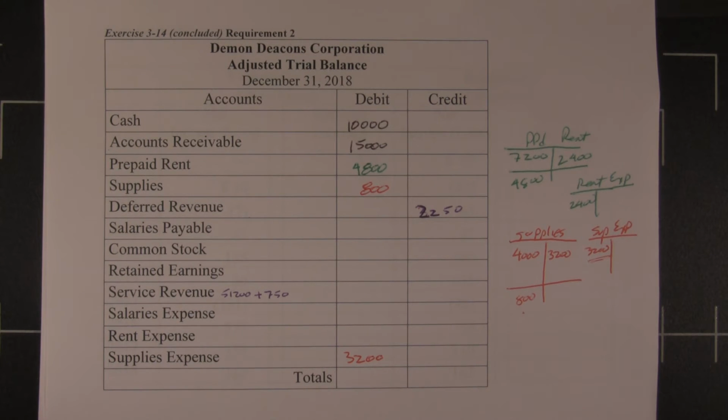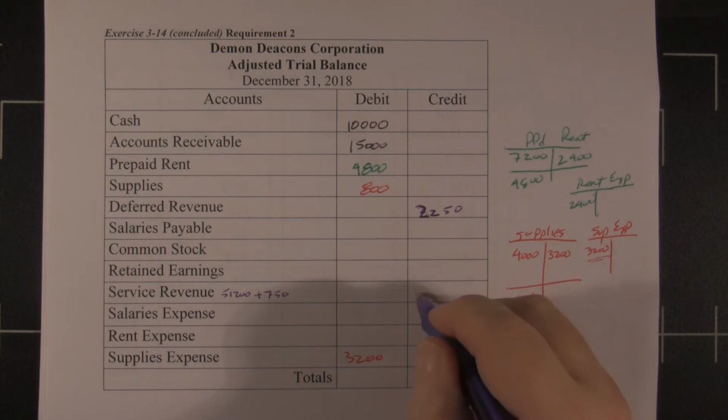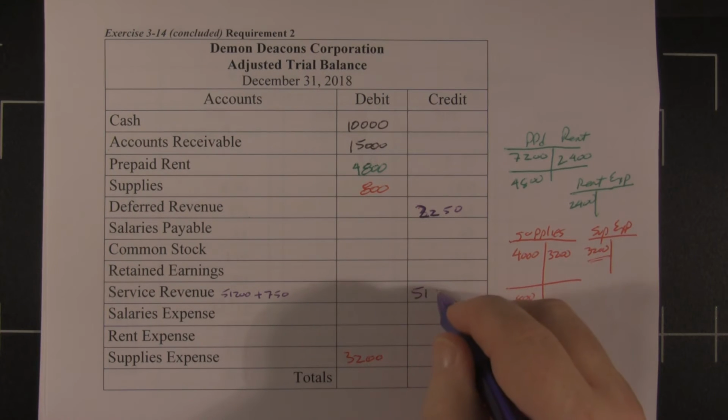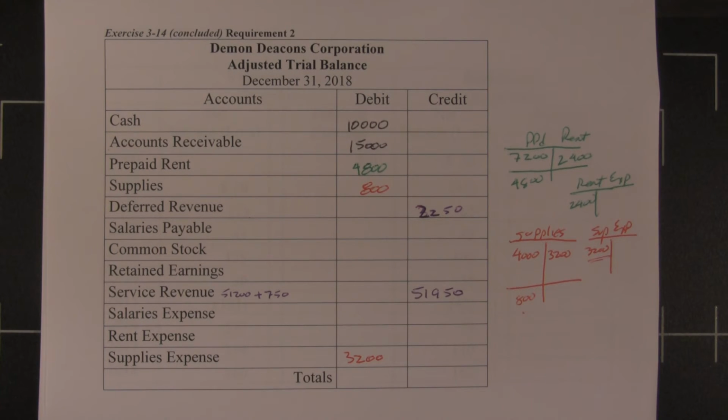So that takes our revenue to $51,950, just incorporating all of these changes. And I'm trying to do it as I go through to make sure I get them all, I don't miss anything.